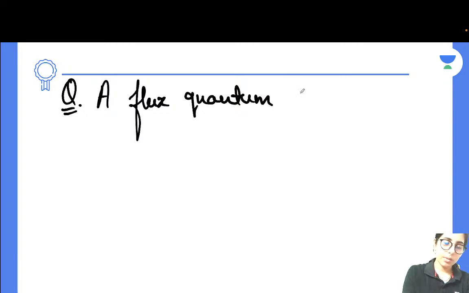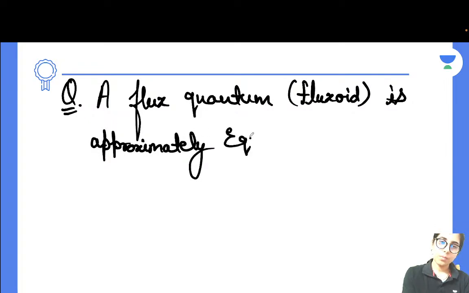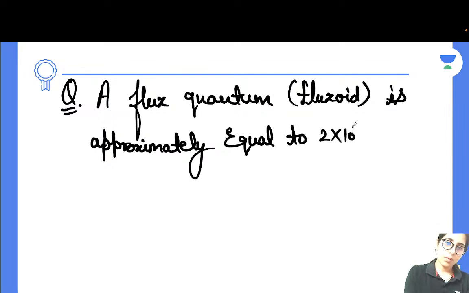a flux quantum, which is fluxoid, is approximately equal to 2 times 10 to the power negative 7 Gauss centimeter square.